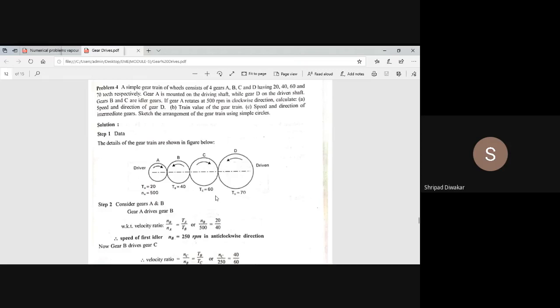If gear A rotates at 500 RPM in clockwise direction, the numbers of teeth of all the gears are given as 20, 40, 60, and 70 respectively. The speed of gear A is 500 RPM in clockwise direction, clearly given in the problem.